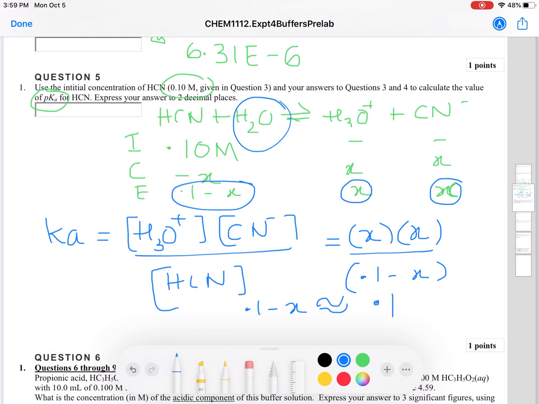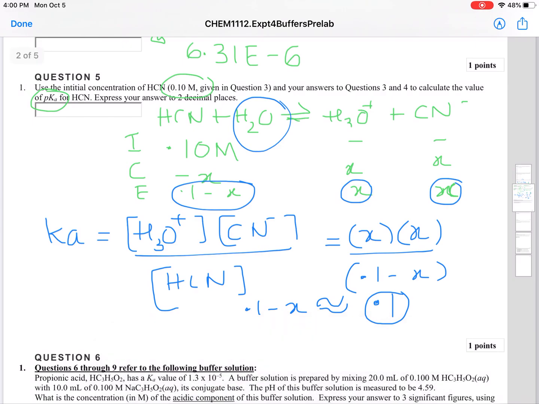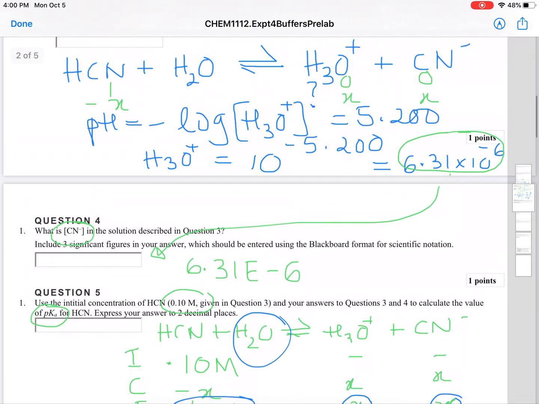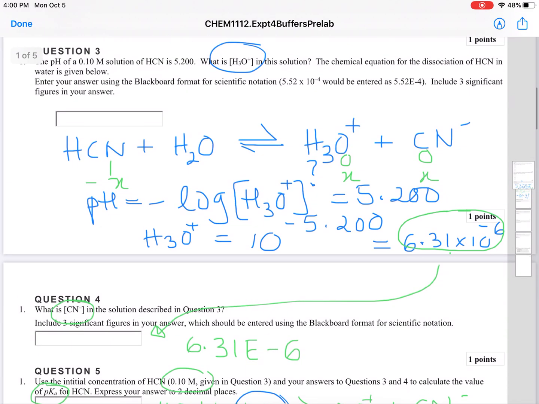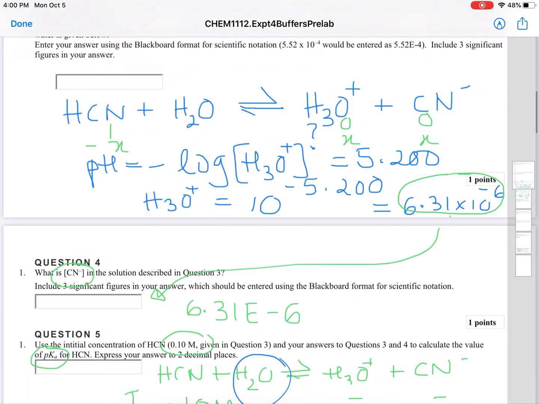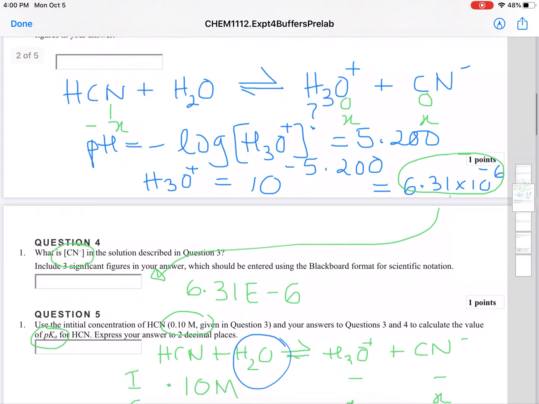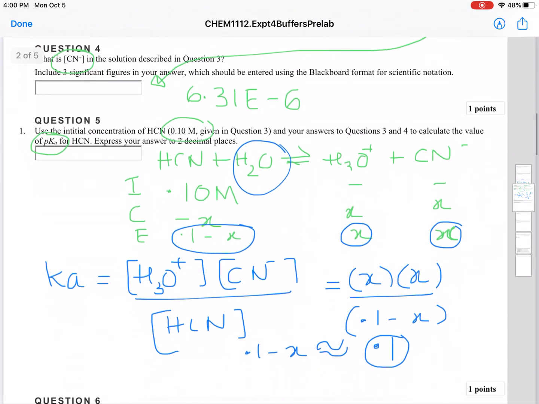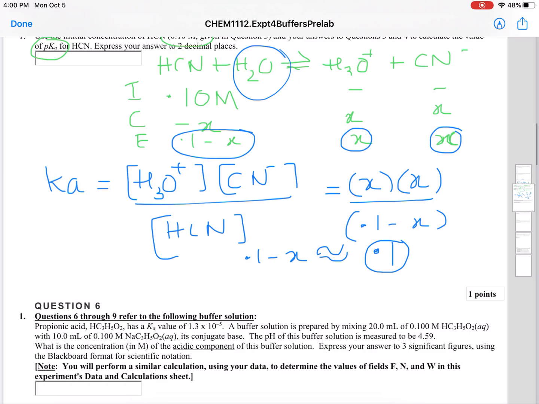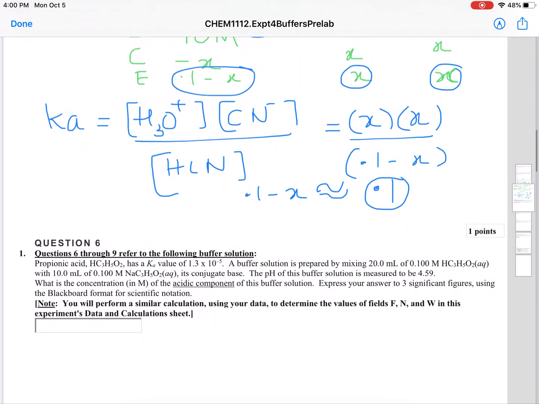And 0.1 is the concentration of HCN. Do we know the values of X, which is the hydronium and cyanide concentrations? Yes, we know. That's what we found in questions 3 and 4, which is 6.31 times 10 to the negative 6. So now we're going to plug in those numbers to find the Ka.